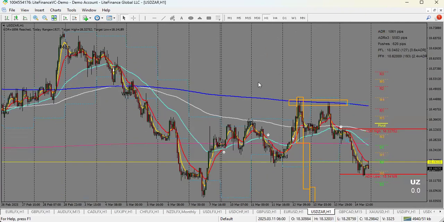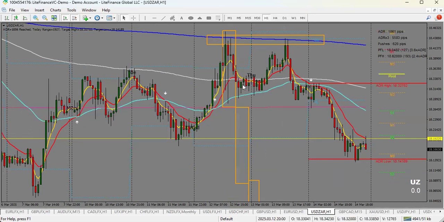So for USDZAR, it was an easy analysis as we have been following it for a couple of weeks. So where should price bounce? It has already bounced around this area. So we have two possibilities here. We have this key price level, and we have this area here.